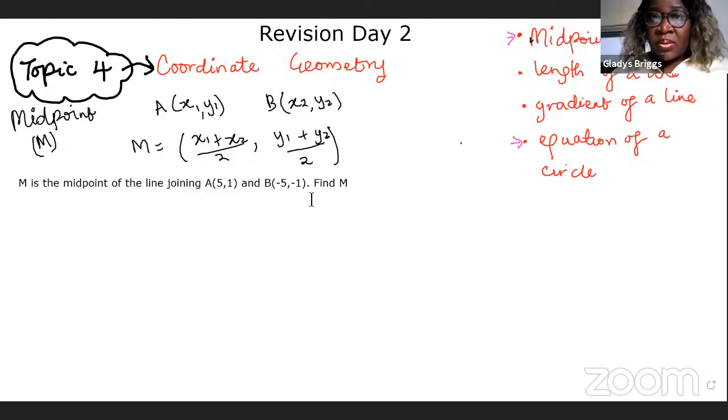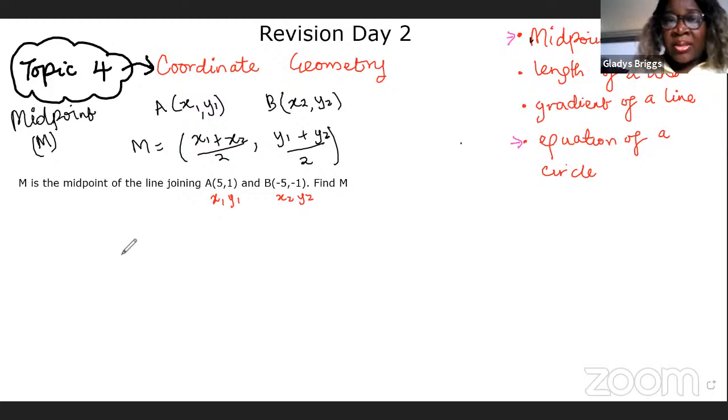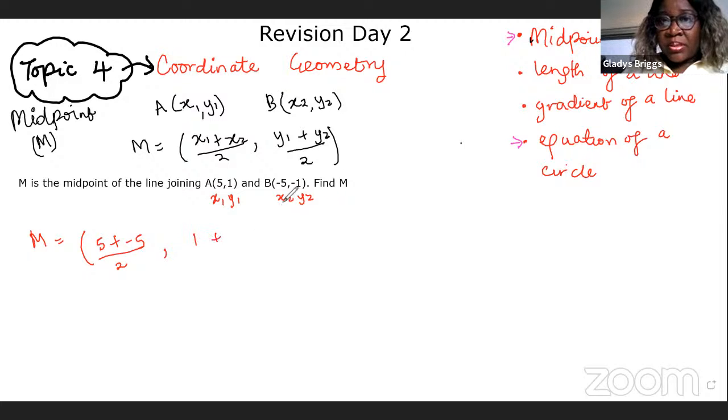This is your x1, y1, and this is your x2, y2. You just put that M would be equal to (5 plus -5 over 2, 1 plus -1 over 2).